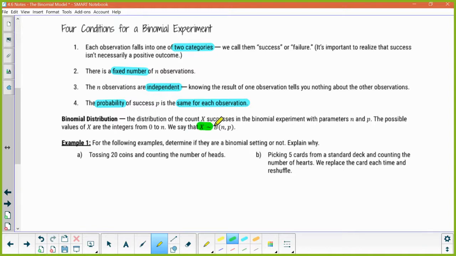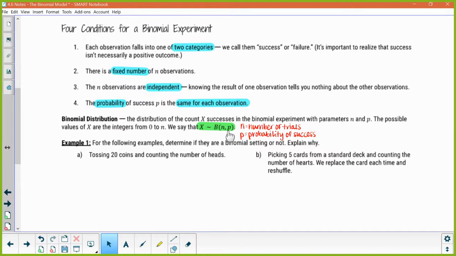And we say X is B(n, p), where B stands for binomial, n is our number of trials, and p is our probability of success. So X is our random variable, B is our binomial model, then trials, success probability.